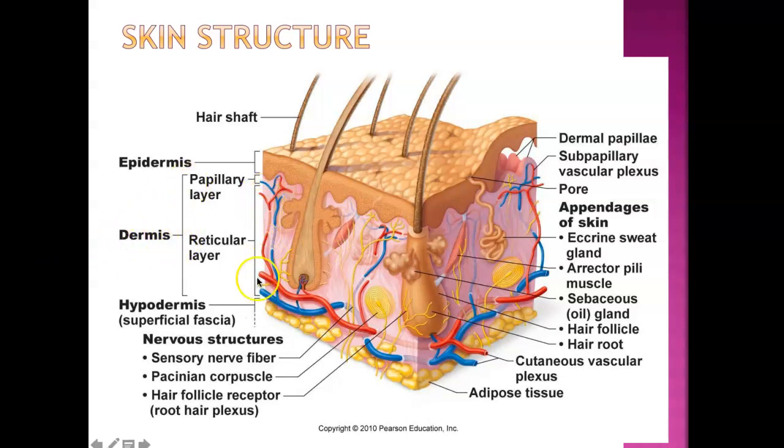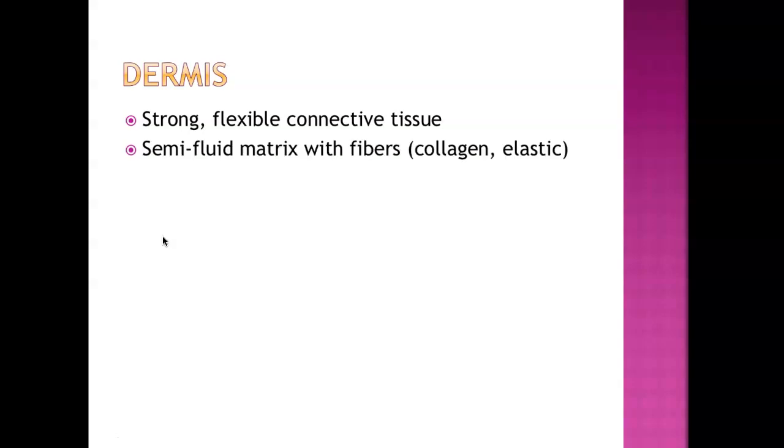So this is our middle layer right here. The dermis is going to consist of really strong, flexible connective tissue. And that's going to include fibers like collagen, and then there's a fiber called elastin.